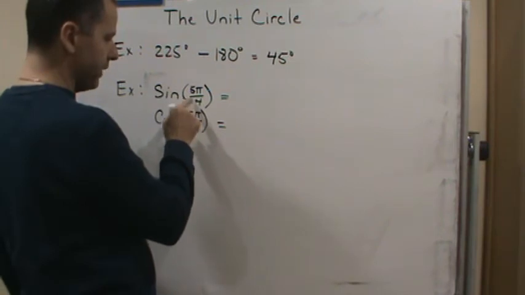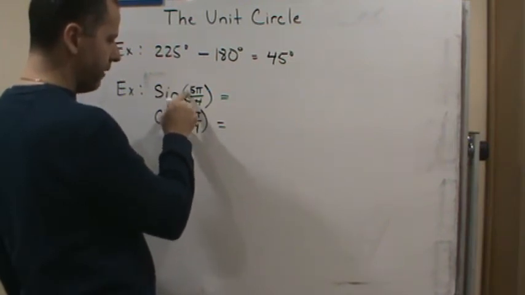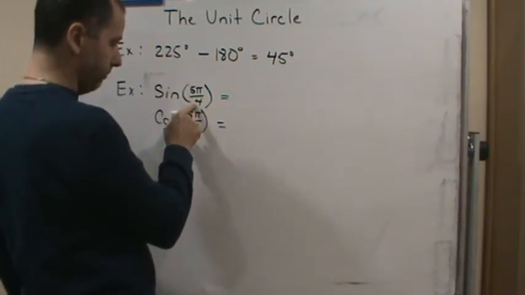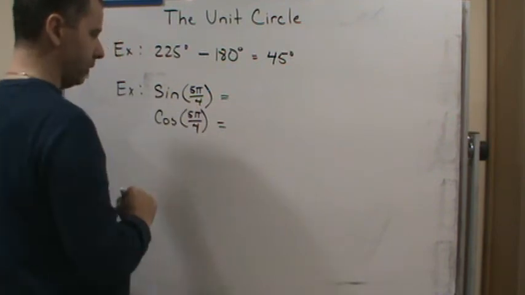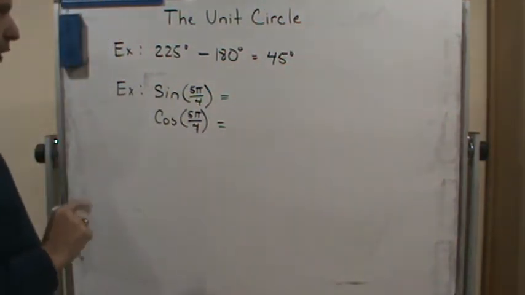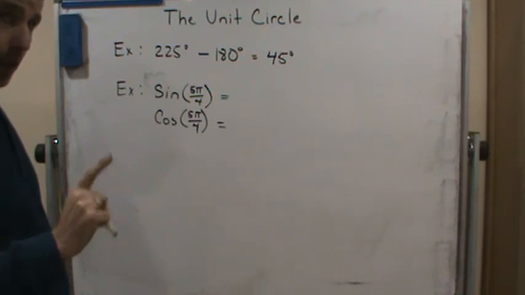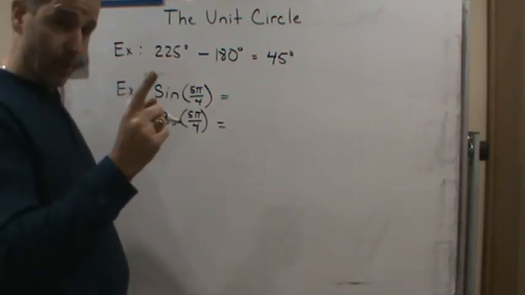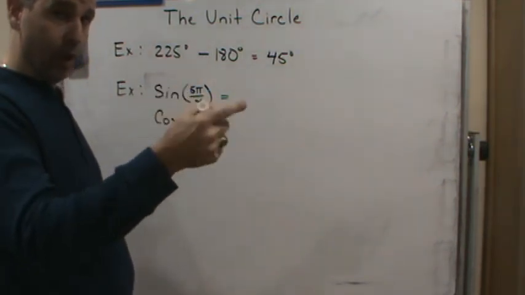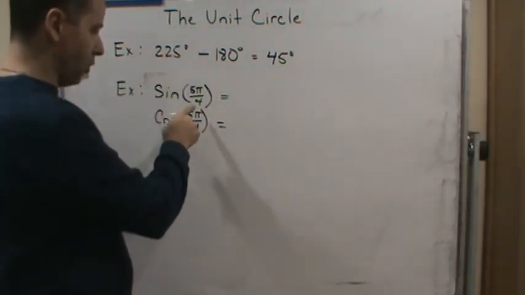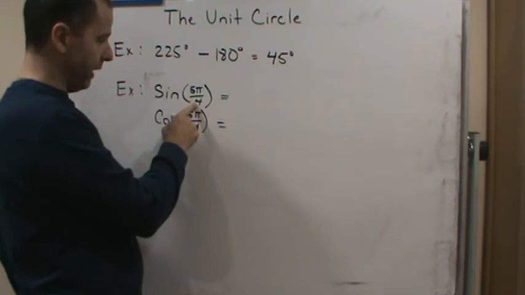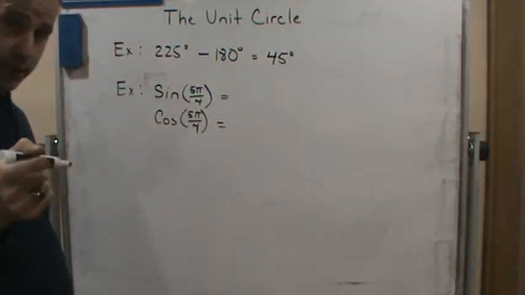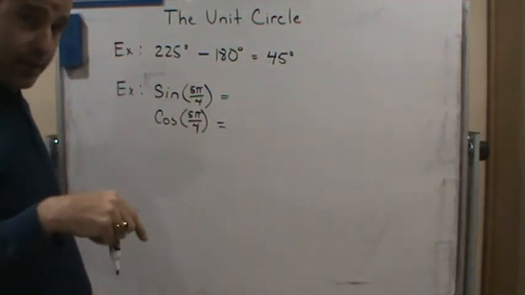So this is 5 pi over 4. What are the quadrant angles? So remember, 90 degrees is pi over 2, 180 degrees is pi. Well, this is over 1 pi, right? But 270 degrees is what?